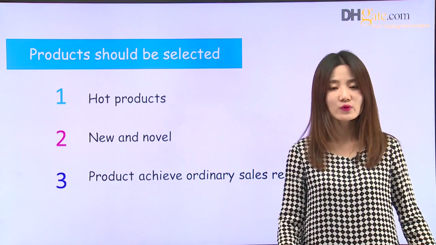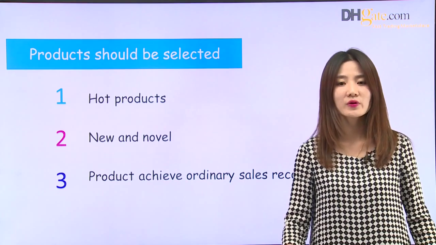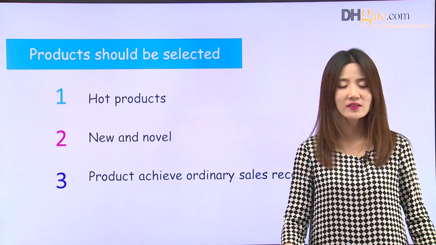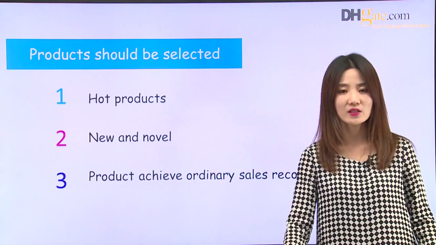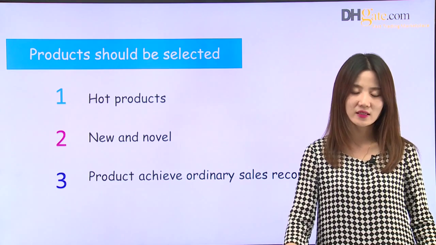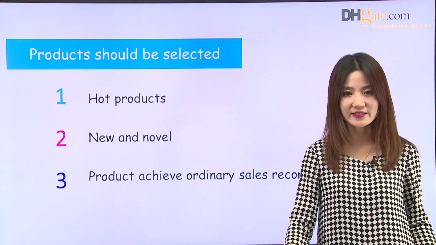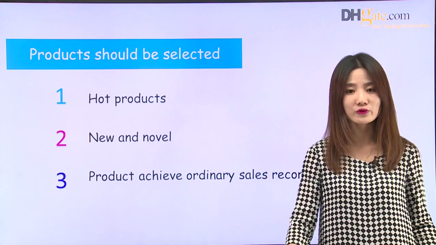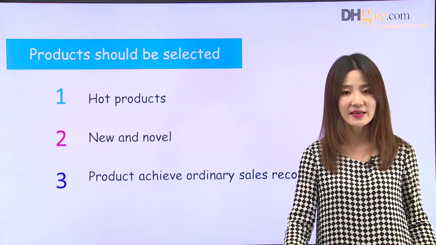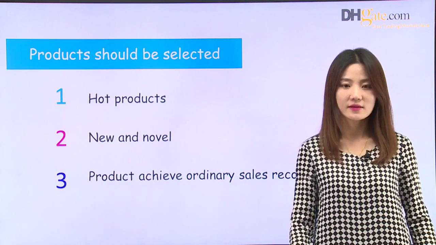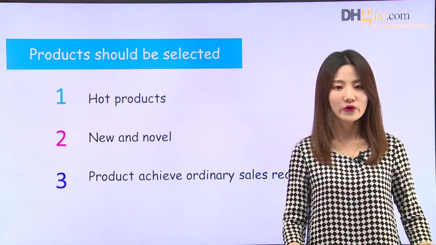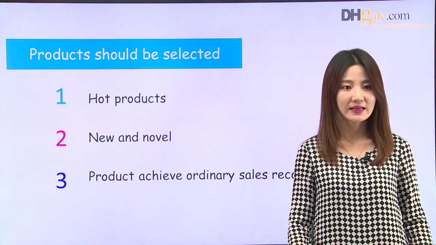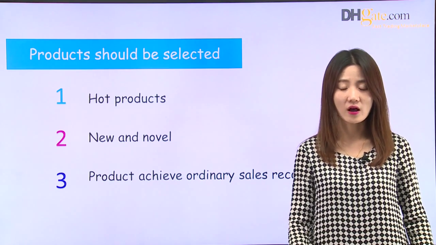Therefore, the best way is to use popular products to attract traffic and increase exposure. The popular products should take up 20% of the total number, and they will help to improve the sales of the 80% main products. So for your main product, you can choose one that is new and novel.